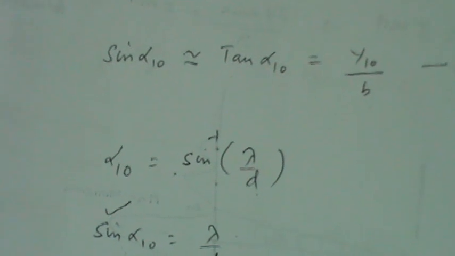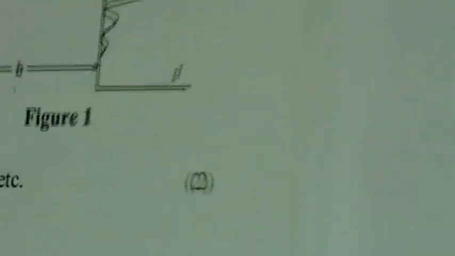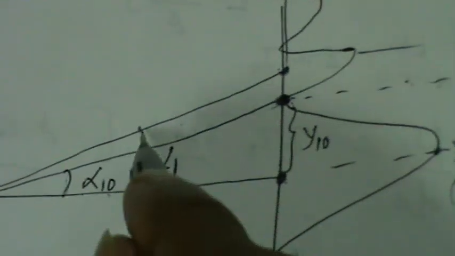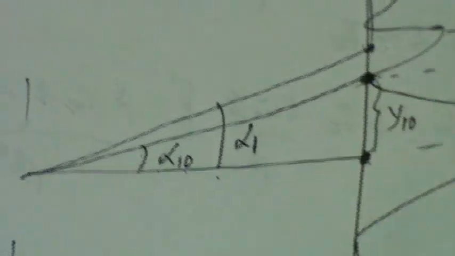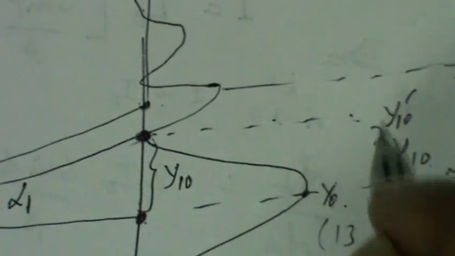If you want to determine the slit width from the first secondary maximum, you take this expression. Exactly in a similar manner, you find out sin alpha 1. As lambda is constant, we need to find out sin alpha 1. This is the position of the first secondary maximum. This is the angle of deviation corresponding to that. I denote it as alpha 1. So tan alpha 1 is essentially this distance. I denote it as y1, which is the distance between the central maximum and the first secondary maximum.